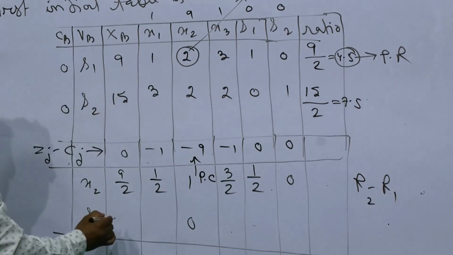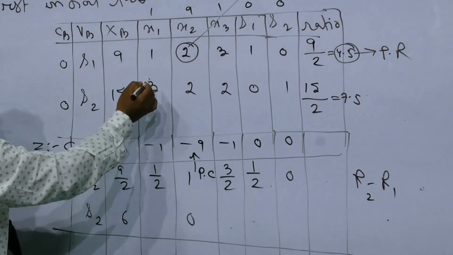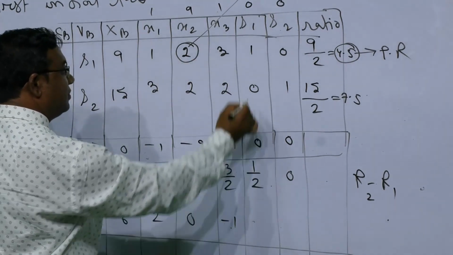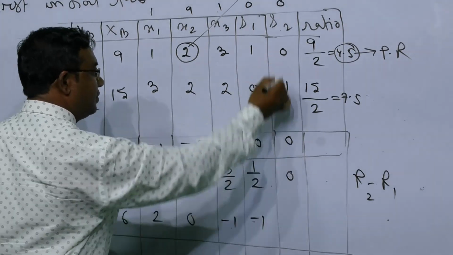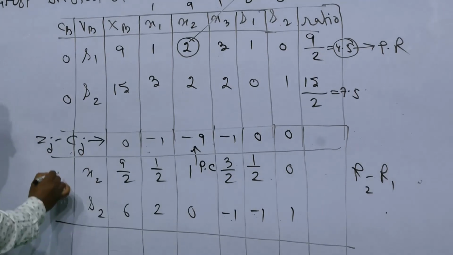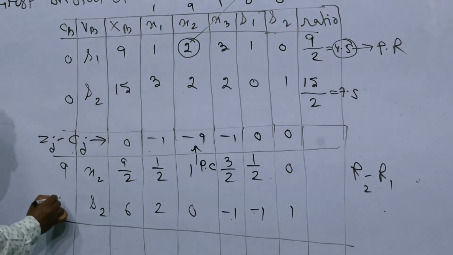So you subtract here, it becomes 6, then 2, this is minus 1, this is minus 1, this is 1. And the coefficient of x2 is 9, S2 is 0.